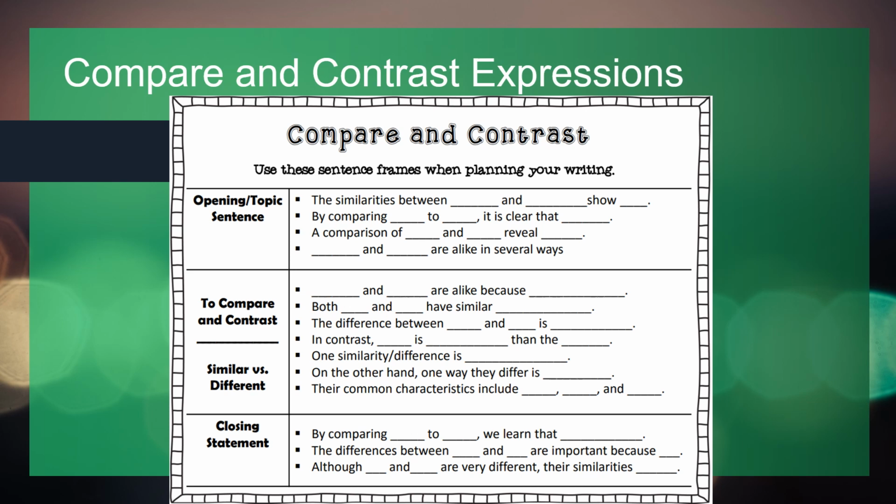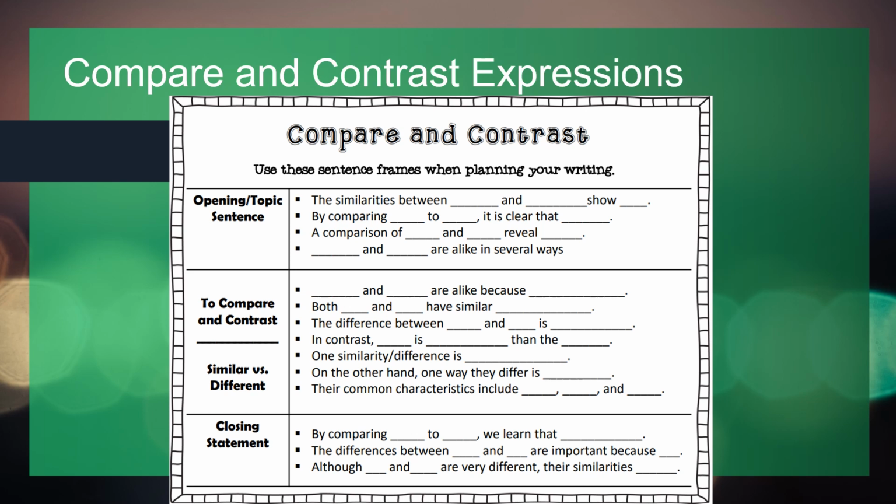To compare and contrast, we also use some expressions. We connect using "and". Something and something are alike because both something and something have similar, and you mention how they're similar.